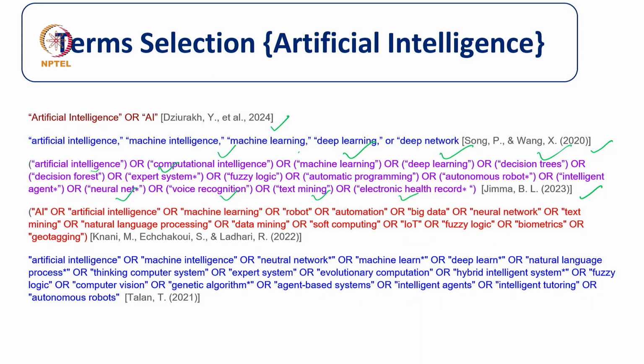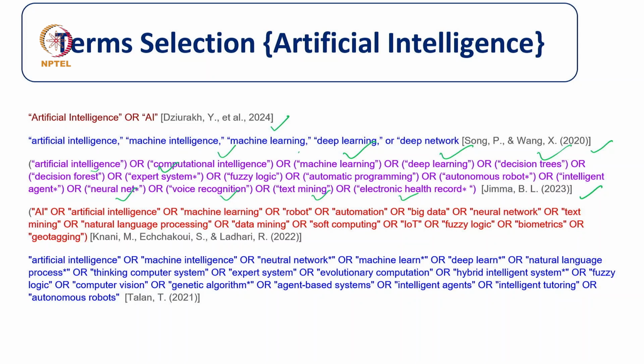But if you see in these three examples, the first example had only two words, the second example has five words, and the third example has more words.